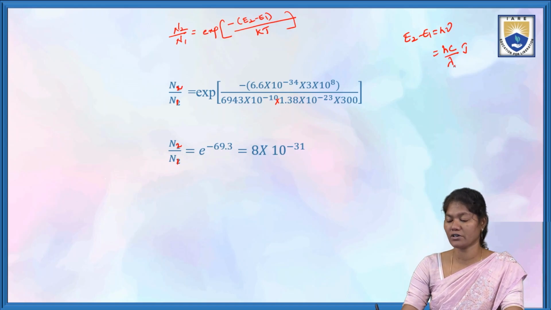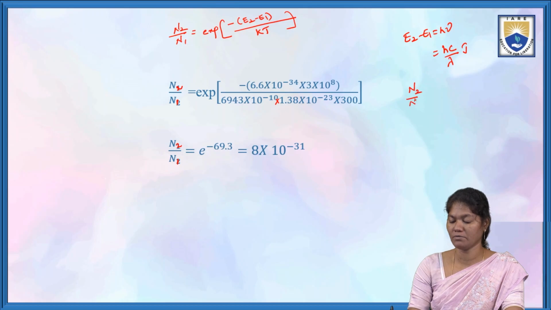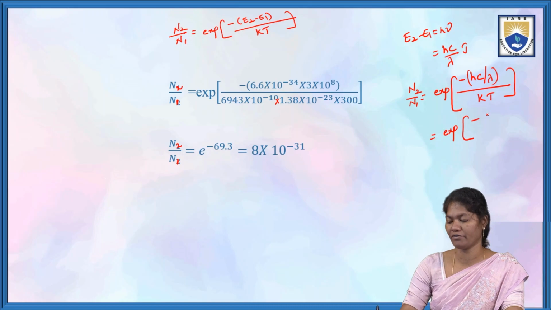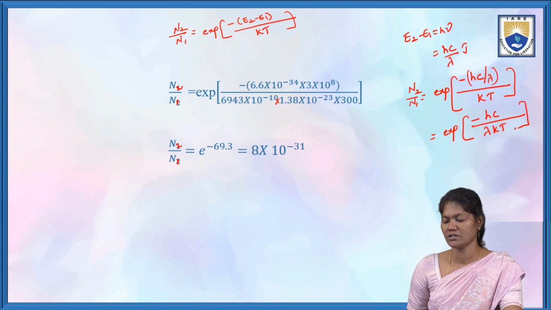The same we are going to substitute here, then the formula becomes exponential of minus hc by lambda divided by KT. This can be simplified as exponential of minus hc by lambda KT.